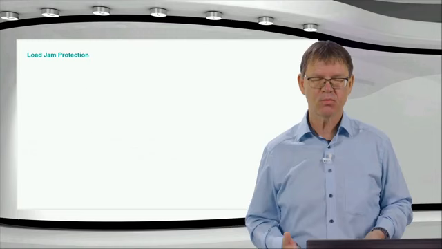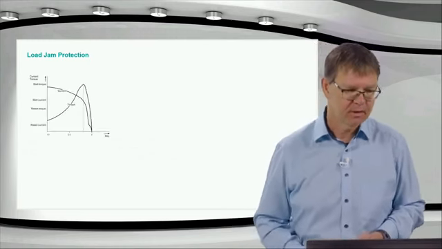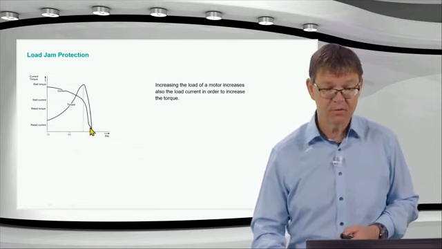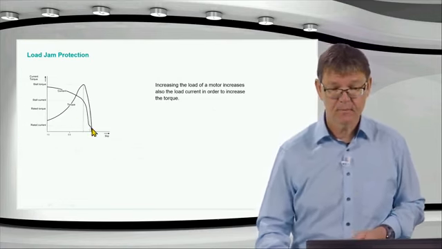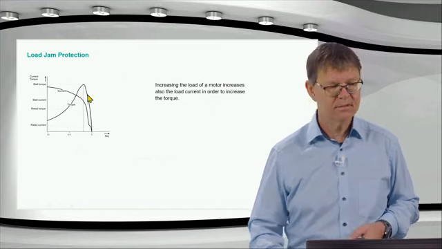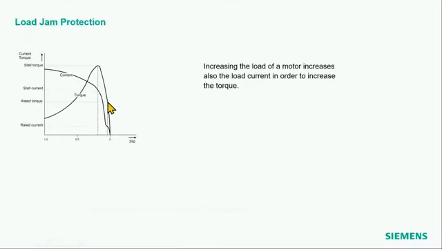Okay, it's one function. Basically, what happens is, if the load of the motor increases, also the torque increases, as we see here, and the current increases. So when we have here our nominal working point, and then I get a stronger load or something gets jammed, blocked, then the slip will go up, so the speed of the motor will go down, the torque will go up, and together with that also the current will go up.